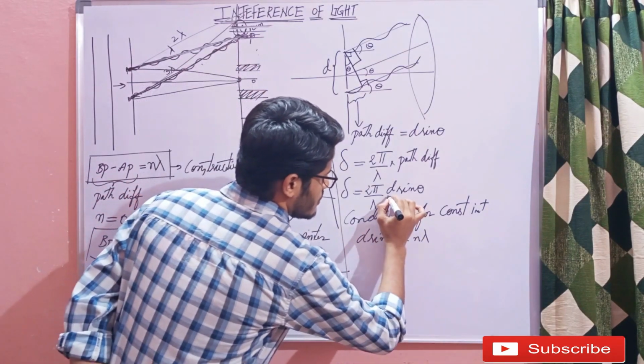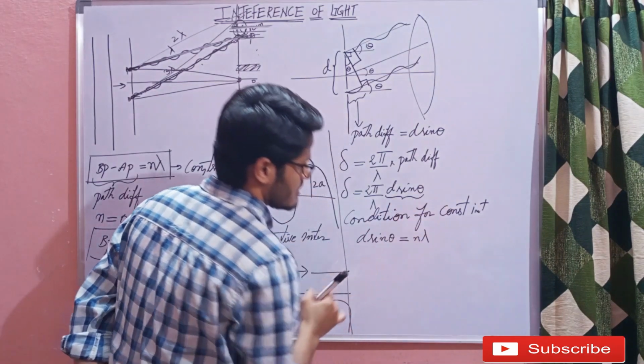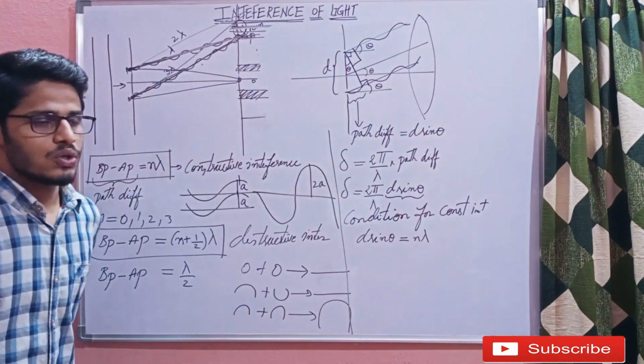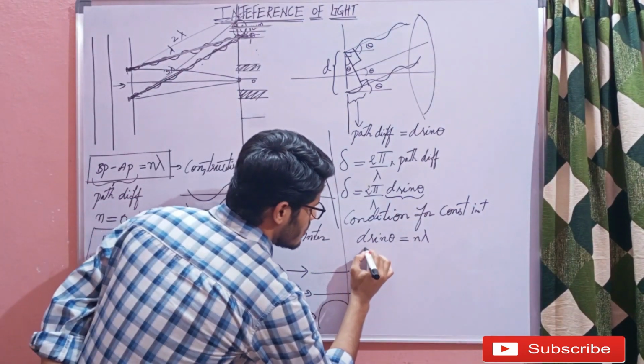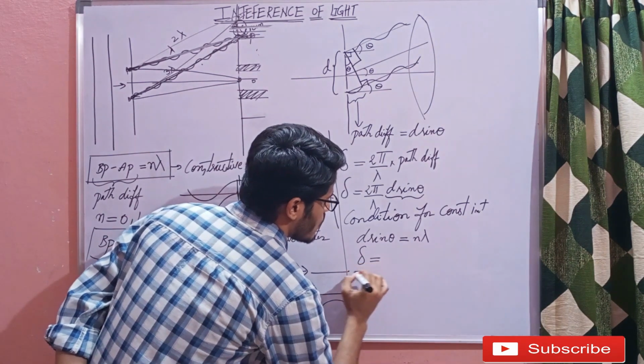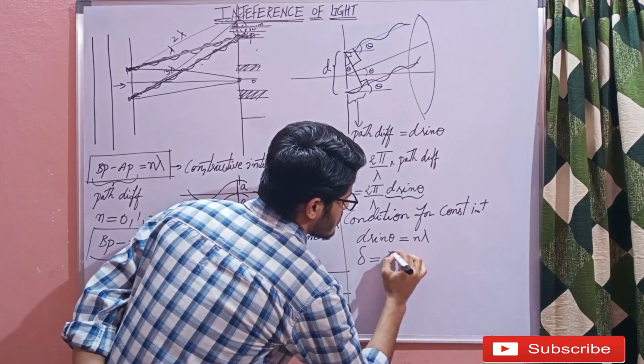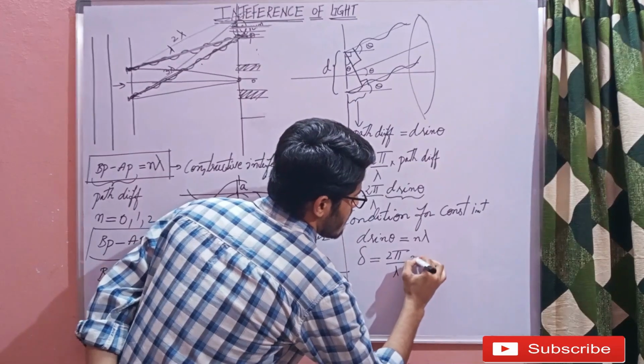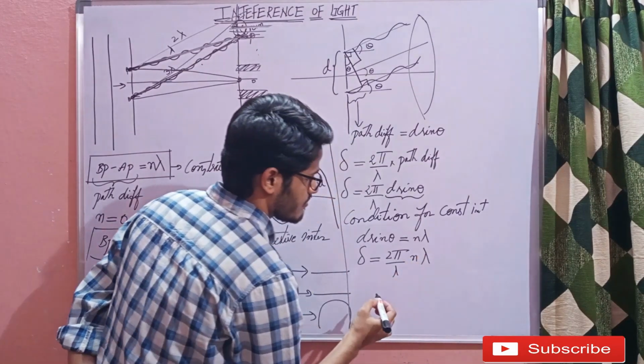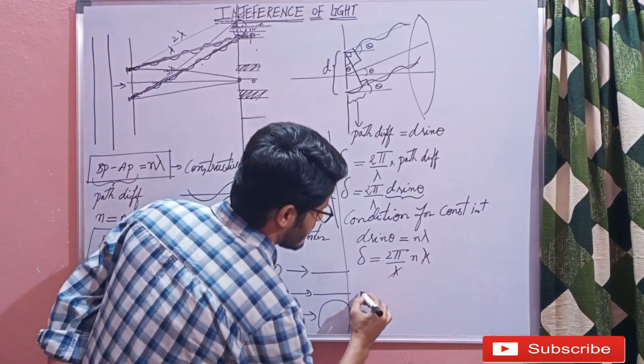Now substitute the path difference in there. That's how we can get to know what should be the phase difference if you want to have constructive interference. And this lambda will get cancelled out.